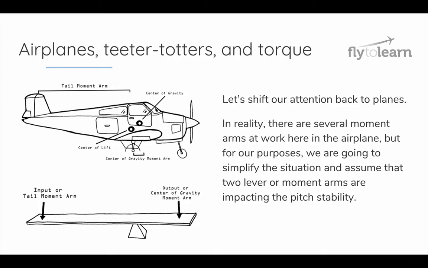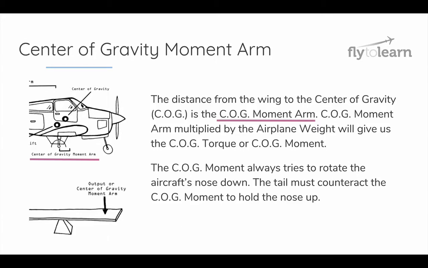In reality, there are several moment arms at work here in the airplane, but for our purposes, we are going to simplify the situation and assume that two lever or moment arms are impacting pitch stability. The distance from the wing to the center of gravity is the COG moment arm, which stands for center of gravity moment arm.